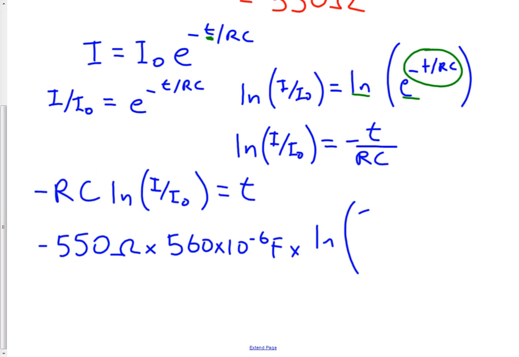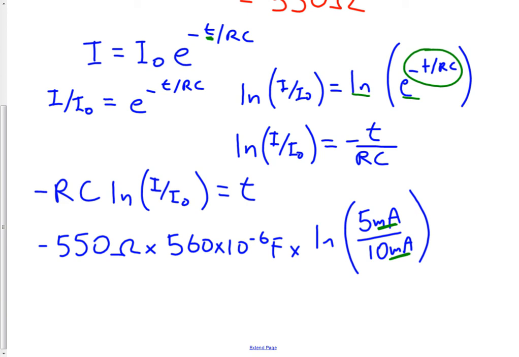So 5 milliamps over 10 milliamps. Notice that these two units cancel out. So it wouldn't actually matter if I'd converted them both to amps or if I leave them both in milliamps. It turns out here they cancel out, and ln of 5 over 10 is going to be ln of a half. Anyway, let's whack all this into a calculator and see where it gets us.